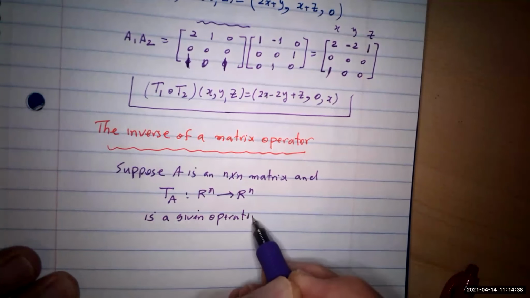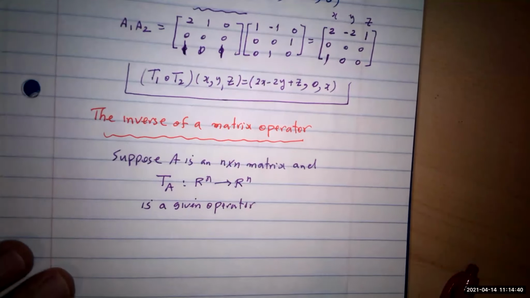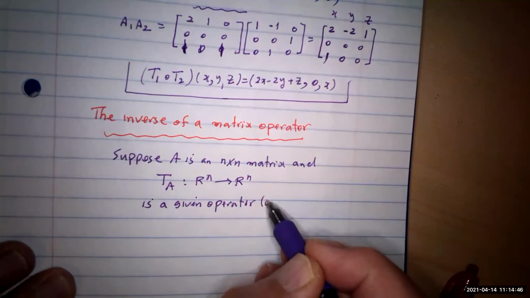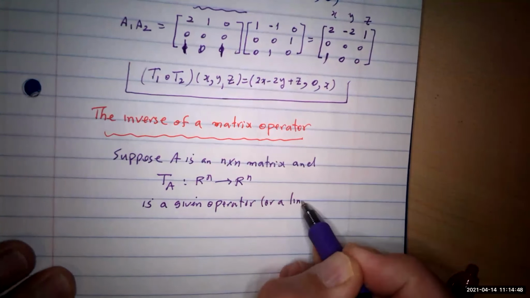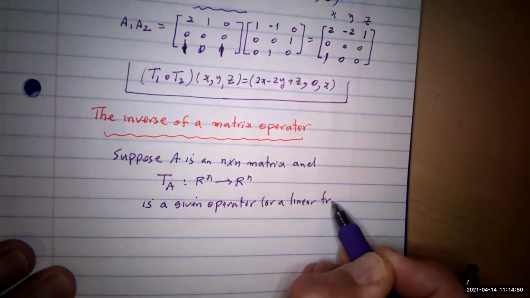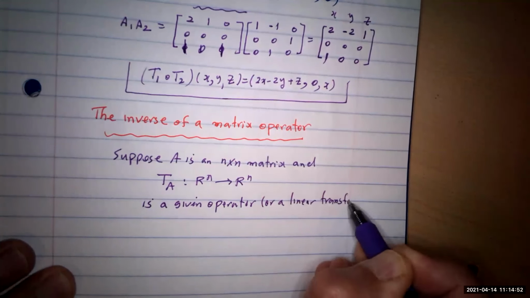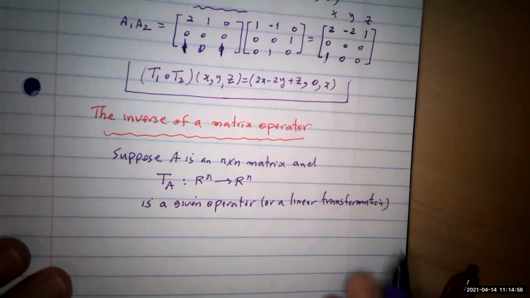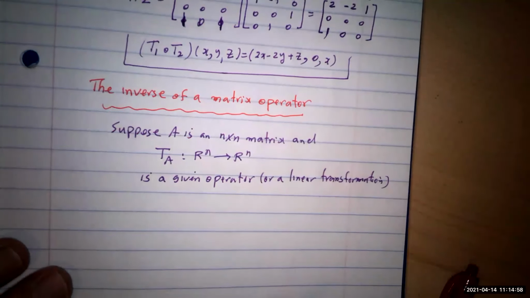We call it an operator because it's a linear transformation from a vector space to itself. Or you can call it a linear transformation if you like. But when the domain is the same, we call it an operator.